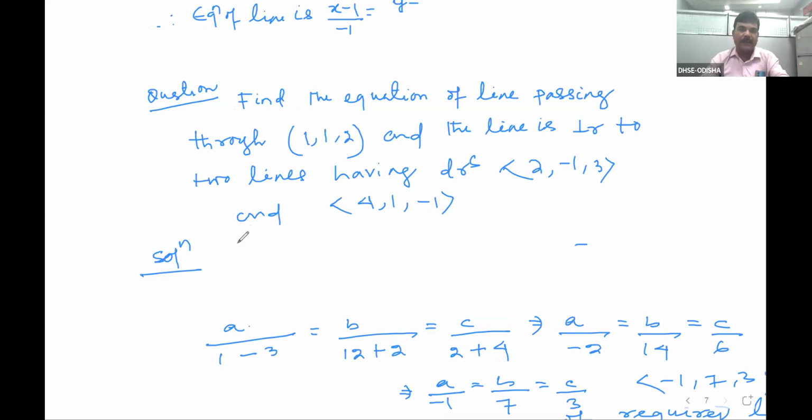Thus equation of line is (x - 1) upon -1 = (y - 1) upon 7 = (z - 2) upon 3. Okay, this is the answer.